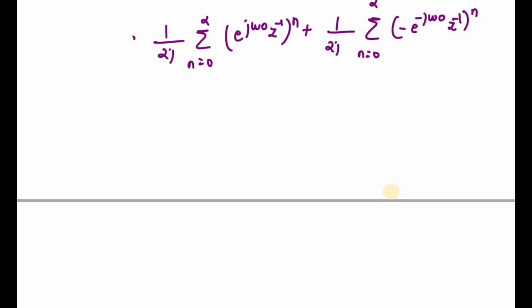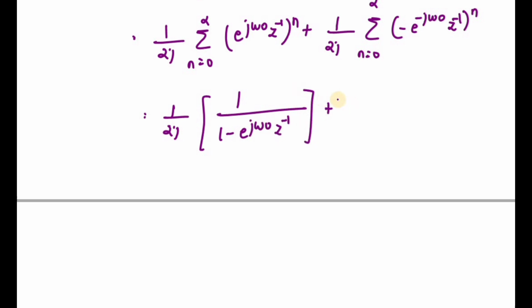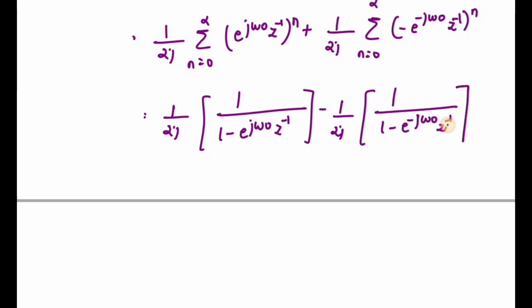So I can apply the formula: 1 divided by 1 minus e power j omega naught z power minus 1, plus, this minus will come outside, so minus 1 divided by 2j, 1 divided by 1 minus e power minus j omega naught z power minus 1.